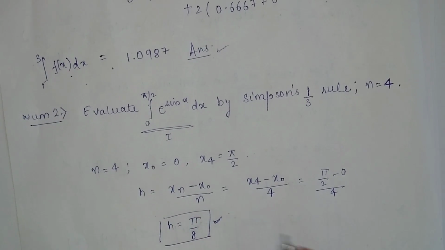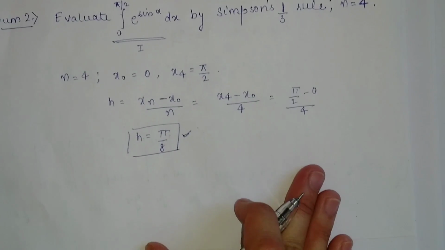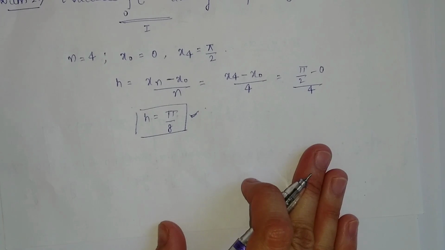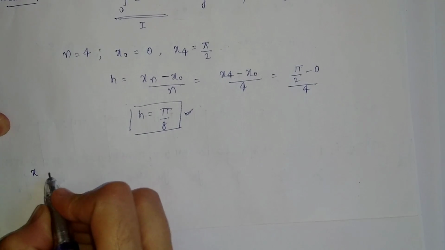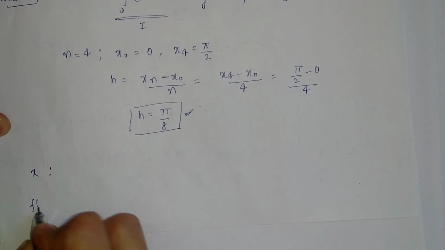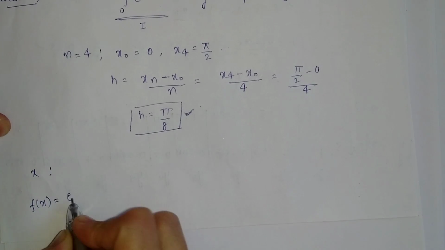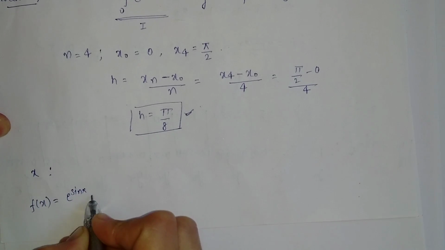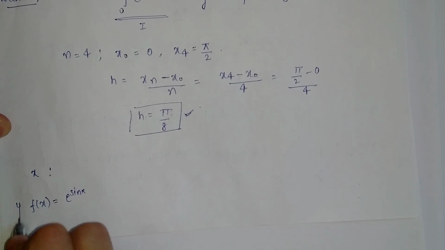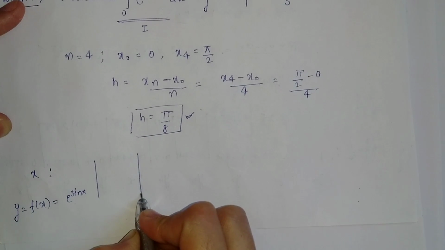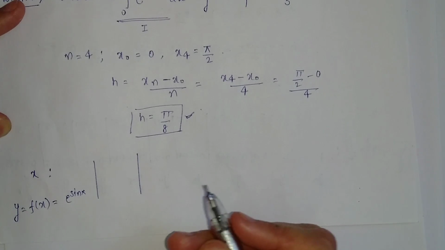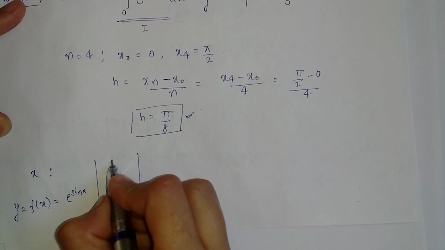Now just like the previous example, we will form a table for the values of x and y. And f(x) in this case is exponential e raised to power sine x, and f(x) is nothing but the value of y. So for every value of x, we will find a corresponding value for y.